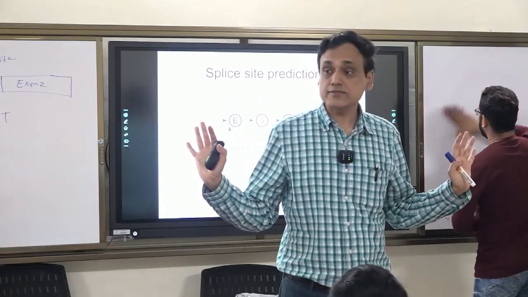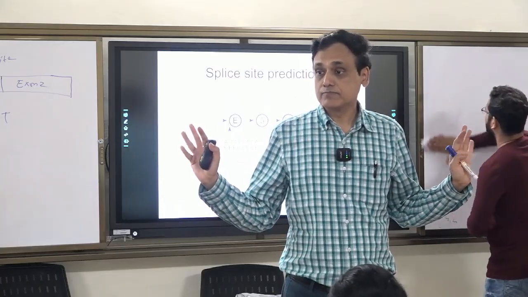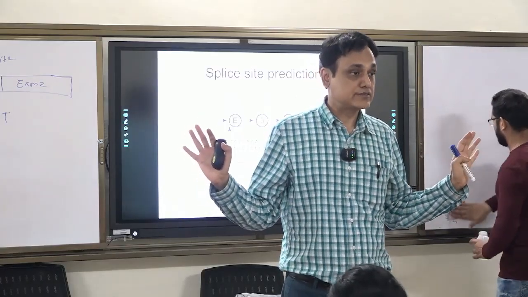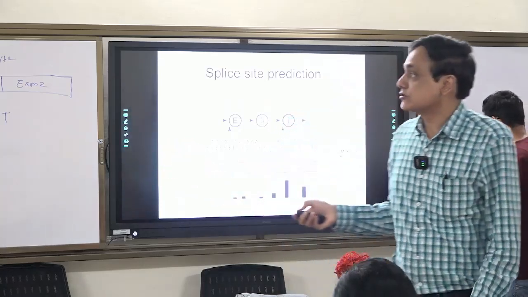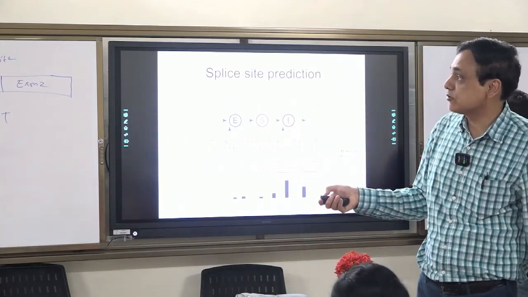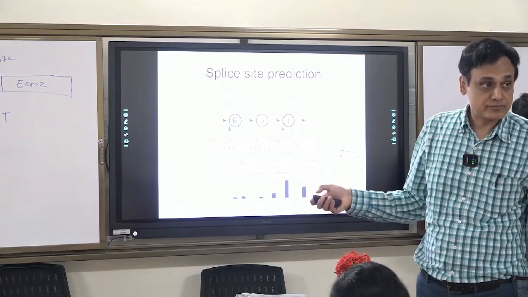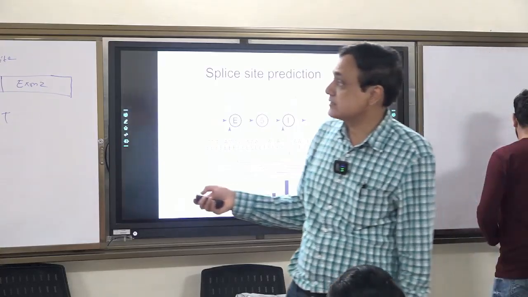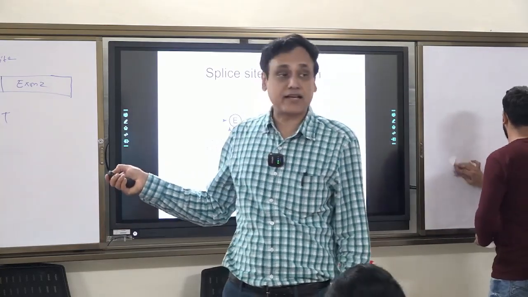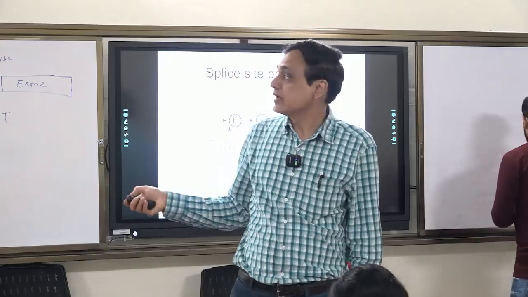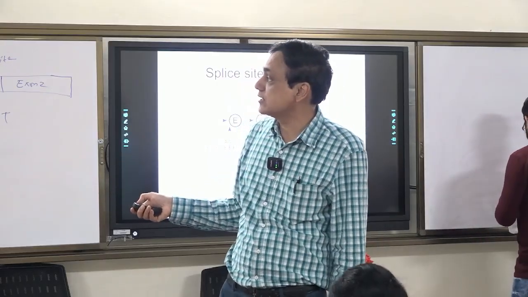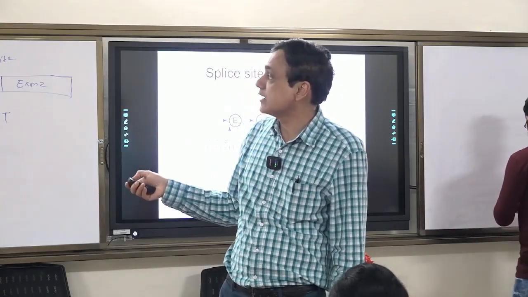What you know is the sequence of nucleotides. You are given the sequence of nucleotides and you are given the model, and then you have to predict the 5' splice site.